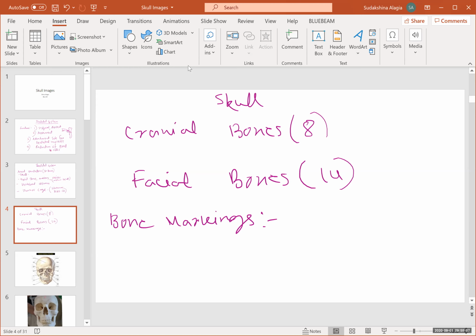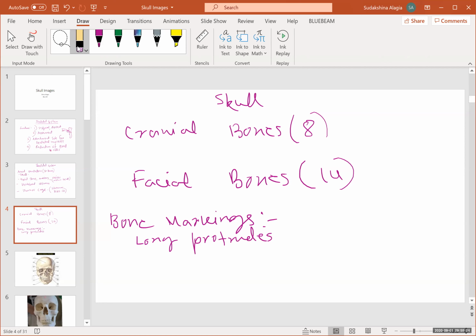These markings, if they are a long protrusion, meaning something that's long and visibly protrudes, typically we refer to that as a process.